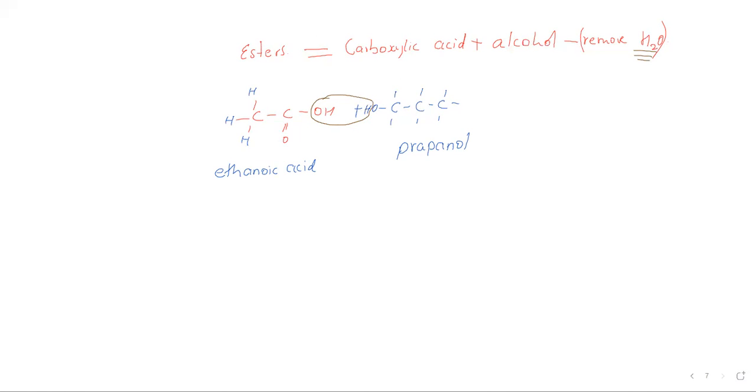Now what remains there will be C, and what you see remaining here is an O. Hydrogen there, hydrogen there. We forgot to put the hydrogens up there.